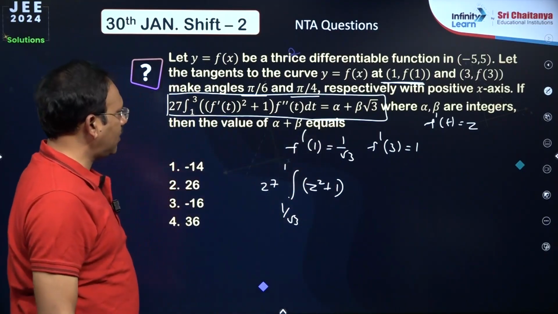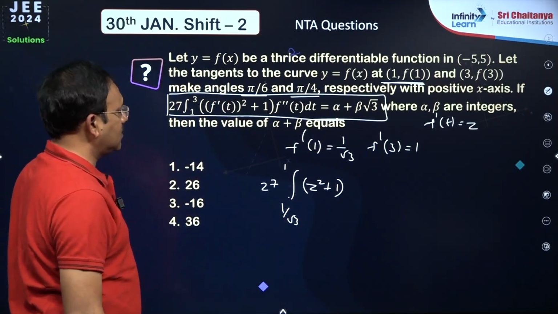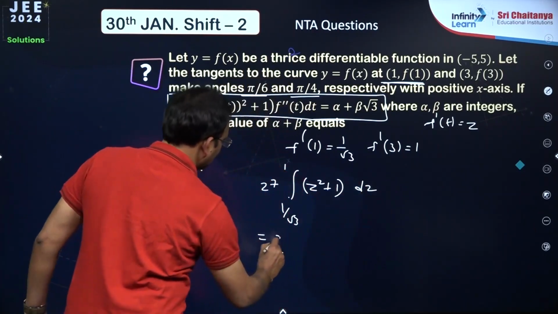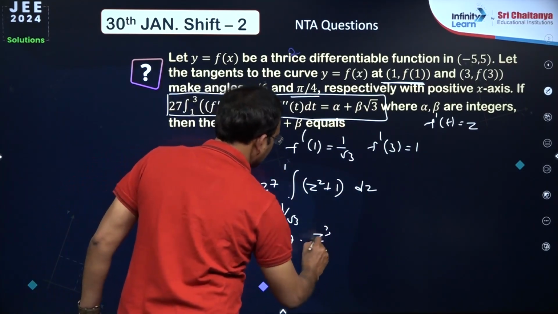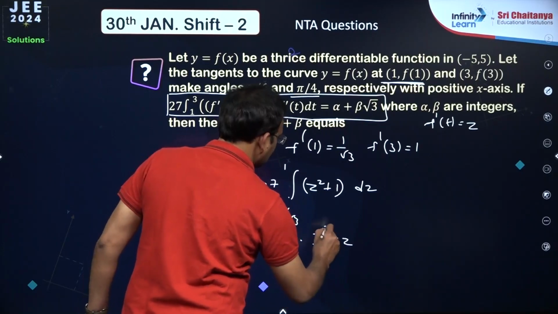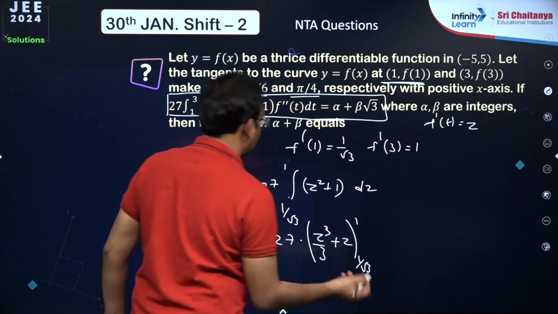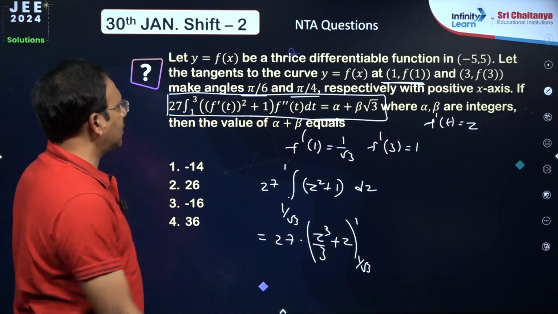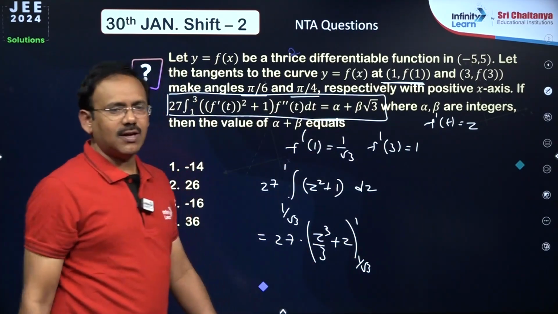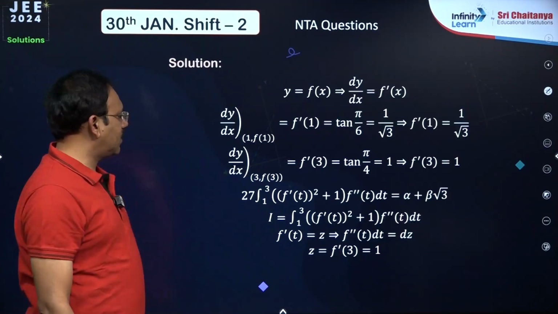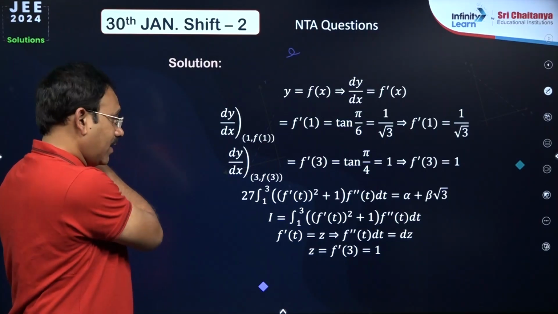F double dash of t is nothing but dz. So this is dz. Now it's very simple. 27 into z cube by 3 plus z is the integral, and apply the limits 1 by root 3 to 1. You will get the answer. That answer you need to compare with alpha plus beta root 3. You will get alpha and beta. You need to find the alpha plus beta value. That's what he has given, my dear friends.